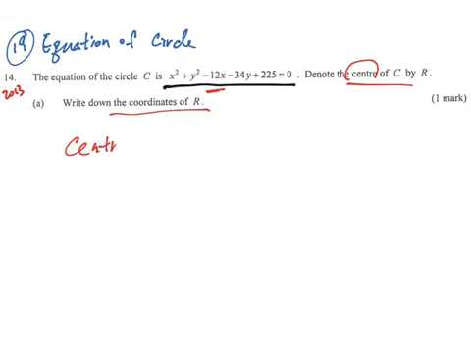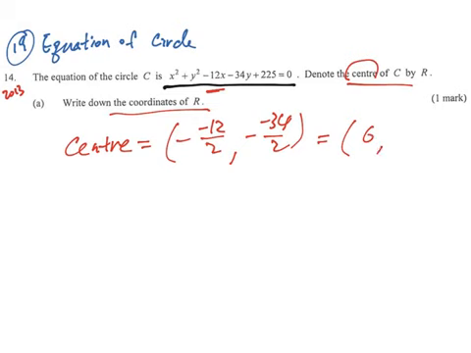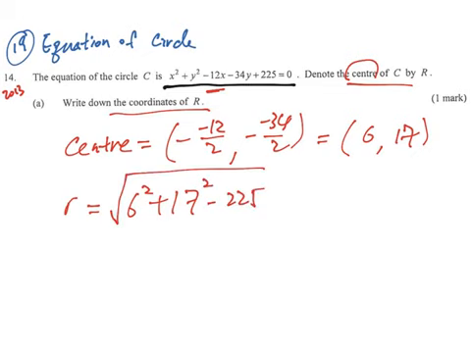So for center, we use negative 12 over 2 and negative 34 over 2. It becomes positive 6 and 17. If the question asks us to find the radius, then it's 6 square plus 17 square minus 225 with square roots. So it is equal to 10.